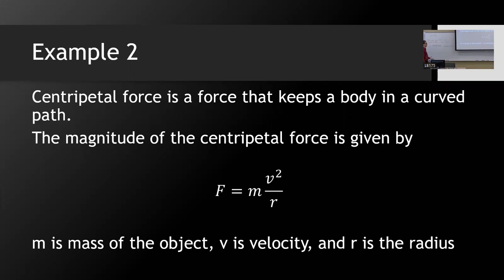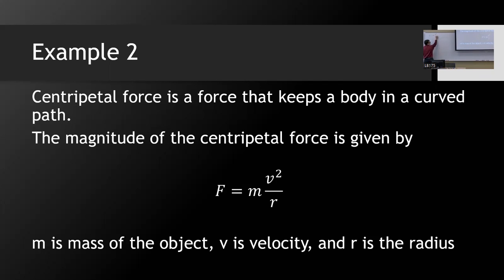Here's an example from physics. Centripetal force is the force that keeps a body in a curved path. The magnitude of that force is given by M times V squared divided by R. M is the mass of the object that's moving around.